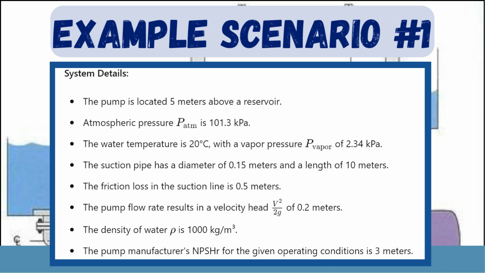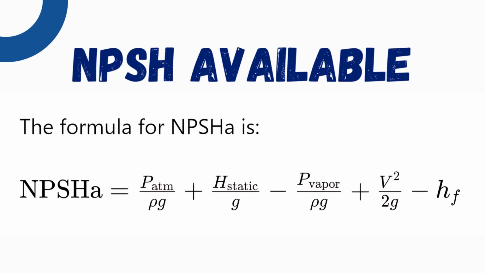Now guys, to calculate NPSH available step by step, let's break down the equation of NPSH available, which is: NPSH available = atmospheric pressure / rho g + static head - vapor pressure of the liquid at the pumping temperature / rho g + V²/2g, which is the velocity of liquid in the suction line over 2 times g, the acceleration due to gravity, minus HF, which is head loss due to friction in the suction line.